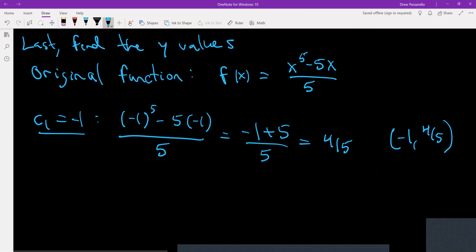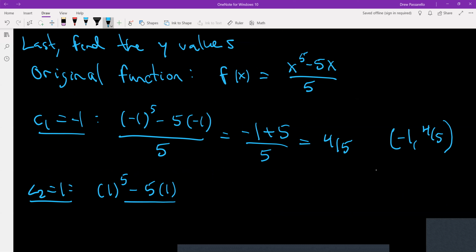And then the second point, so that'd be 1 to the 5th minus 5 times 1, over 5. That's 1 minus 5 over 5, which will give me -4/5. That was the point 1 comma -4/5. All right, and we're basically done.